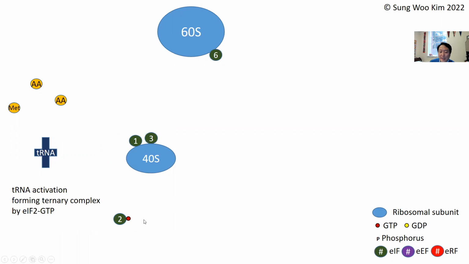This will cause the formation of something called a ternary complex made of 3 components, which are initiation factor 2 with the GTP, and amino acid, in this case methionine, and the tRNA responsible for the methionine. Okay. So this is a ternary complex. tRNA with methionine, called methionine tRNA, with initiation factor 2 with the GTP.